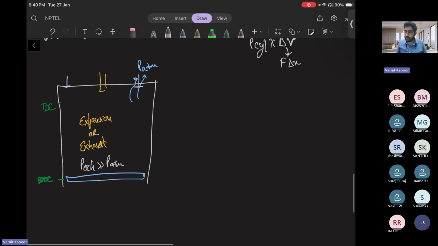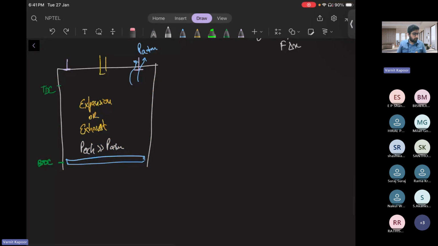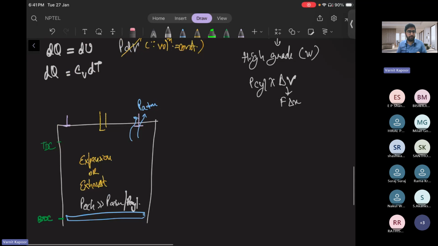Even after combustion and the power stroke, your pressure is still high. Although it was 75 bars here, when it reached here it will still be higher, 2 bars, 3 bars, whatever it can have. So pressure in the cylinder is greater than atmospheric pressure. That's why the gases come out, and as soon as they come out, they achieve atmospheric pressure because they have been thrown out into the atmosphere.